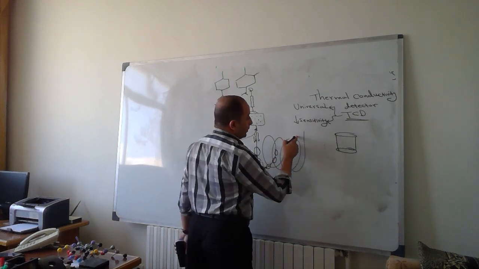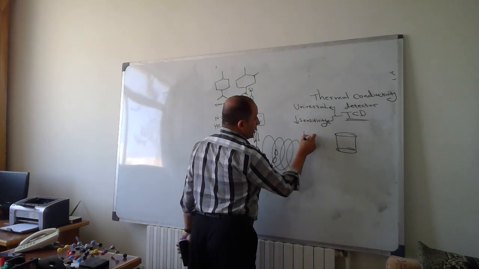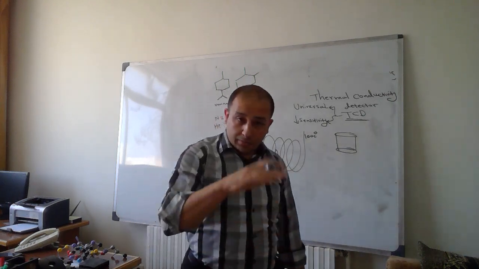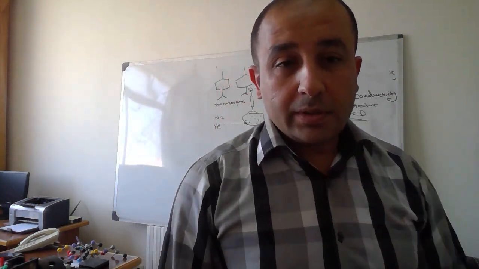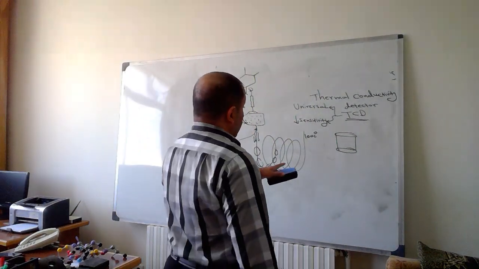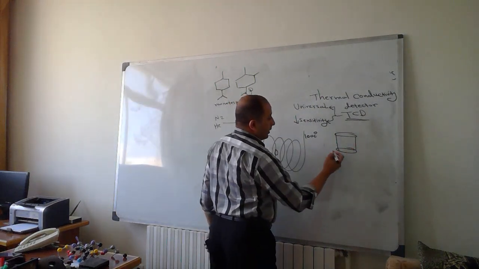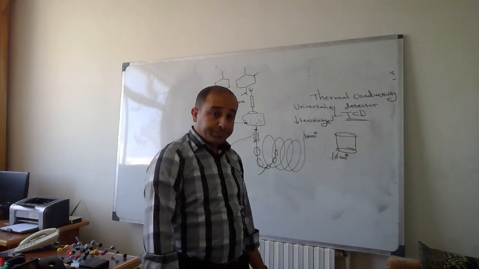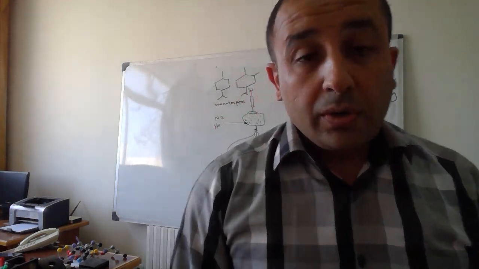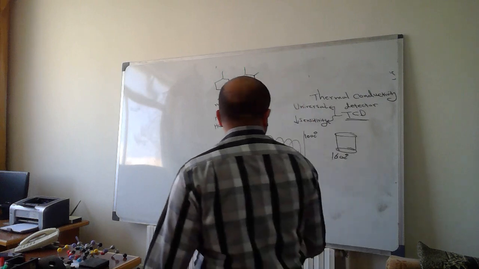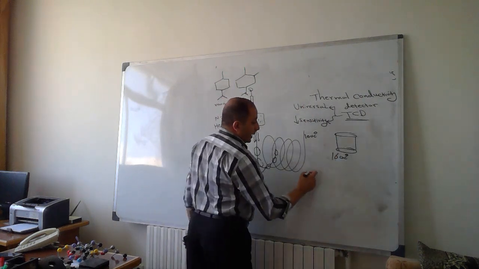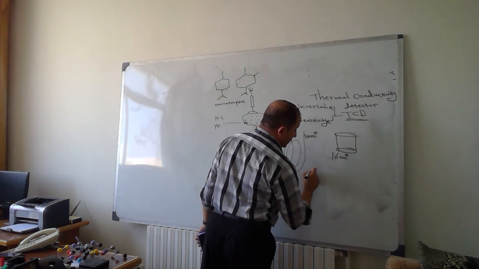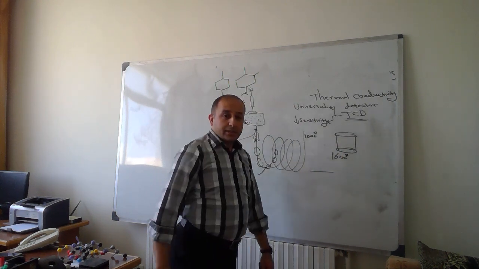For example, if we have a column at 100 degrees, the highest temperature, for example, or 120, let's say. Now, the detector will be around 160 degrees. Okay. So there is a thermal sensor here in the detector, so we will have 160.